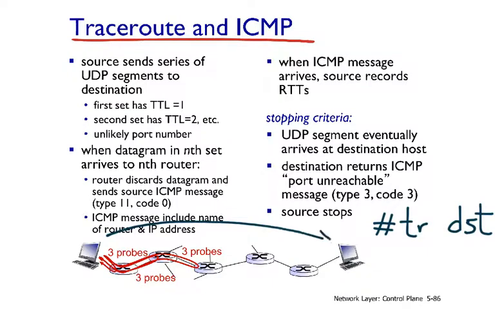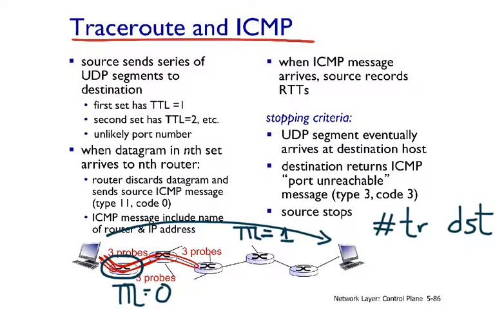source to the destination first with TTL set to 1. If we send a packet with TTL set to 1 to the destination, once it is received by the first hop, the TTL is expired.